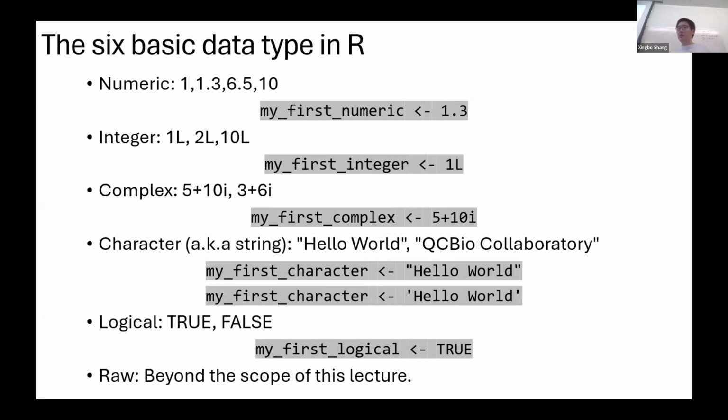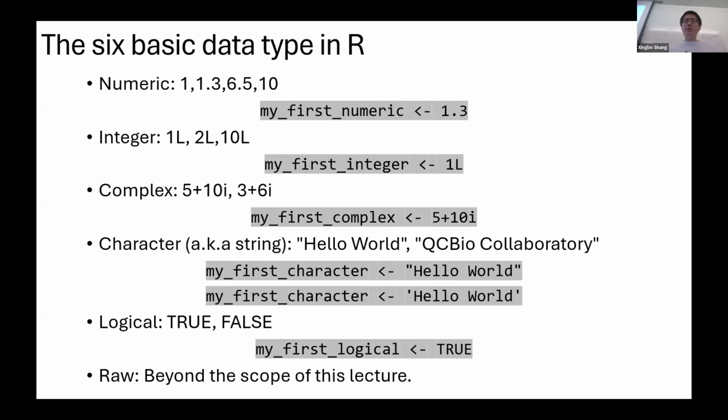Then it comes to the first very important concept in R. This is very important. What are the so-called 6 basic data types in R? Just like how we categorize different data when you take the course data analysis, the programming language R itself also has a rule of defining different data types.